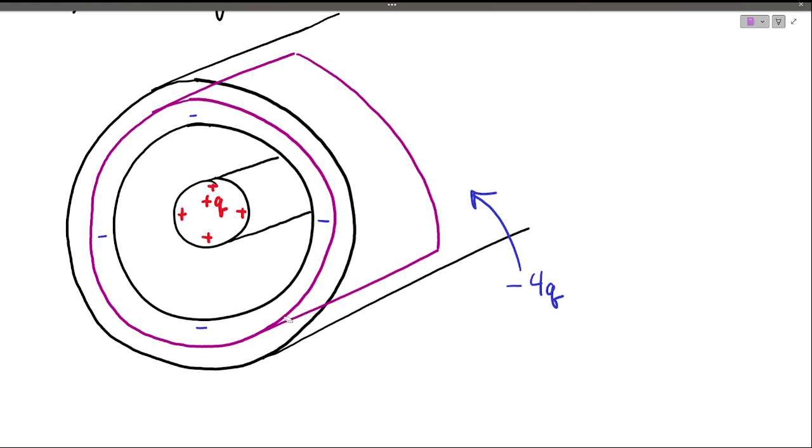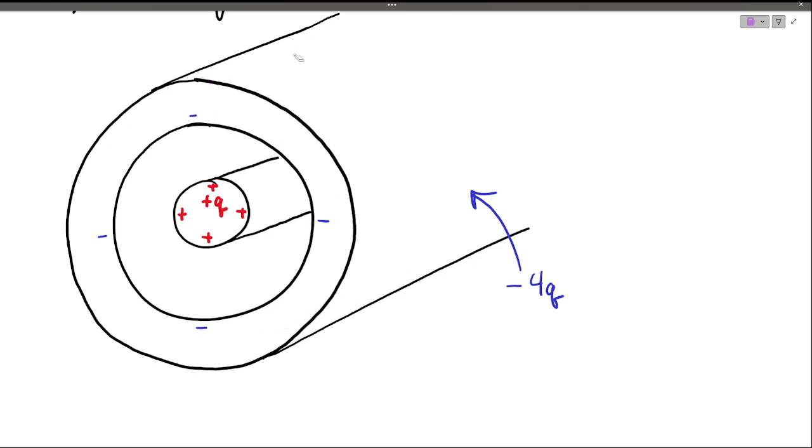And since we know that the total charge on this outer surface is minus 4Q, we know there must be another minus 3Q on this outer surface, so that the total comes out to 4. I didn't draw that quite right. That's only 2. So when you draw charge distributions on the exam, you do want to be roughly correct with the relative amount of the pluses and minuses you draw wherever.